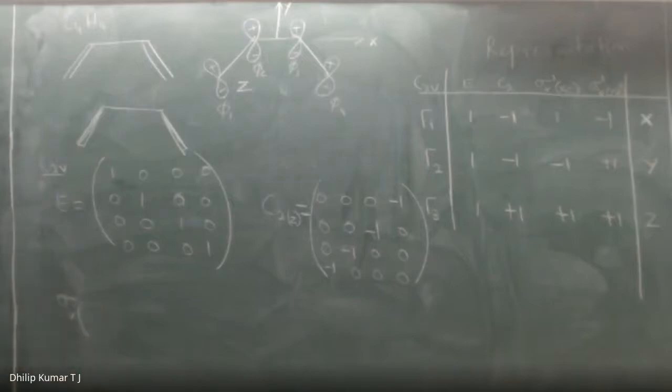Sigma V. So we cut the molecule, right? One is YZ, other is XZ. So if you cut YZ, what happens? How will the matrix look?